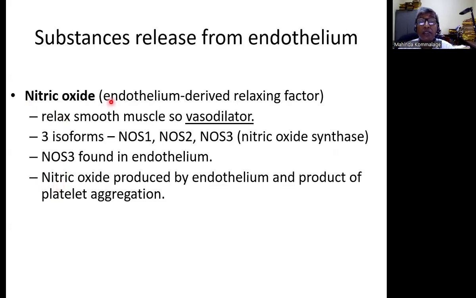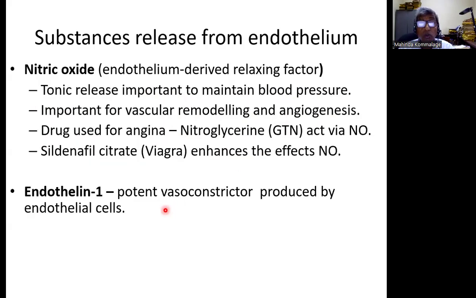The early name was endothelial derived relaxing factor. Later we realized that is nitric oxide. There are isomers, NOS1, NOS2, NOS3, and they will act on endothelium, right? Mainly NOS3, and do the dilatation of the blood vessels through the nitric oxide.